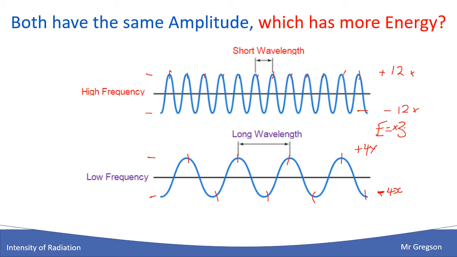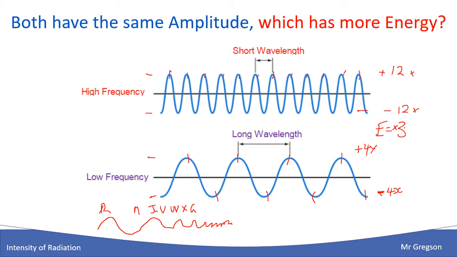And if we go back to where we taught you to draw the electromagnetic spectrum, okay, so if we had our radio waves, microwaves, infrared rays, visible, UV, X-rays, and gamma rays.